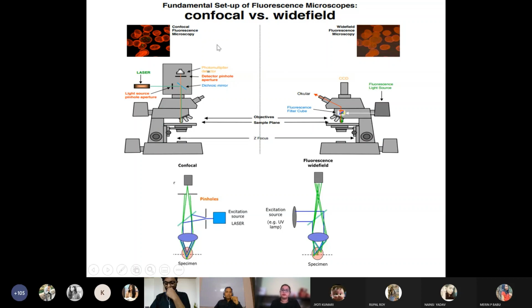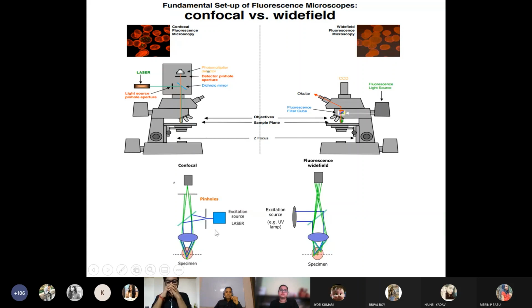You must be remembering that I talked to you about the UV, or the small wavelength lights like blue and far UV, which are being used for excitation of the fluorescence in wide field fluorescence microscopy. But here you are using the laser beam. Okay, so the laser beam is being used to excite the fluorochromes put inside the specimen.